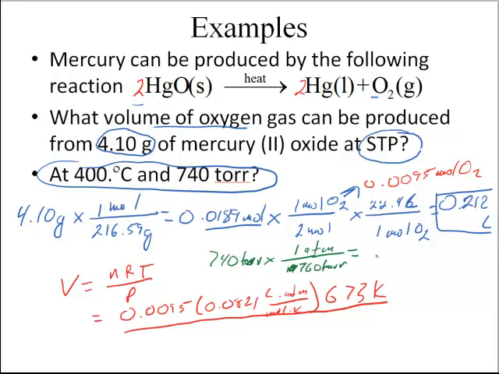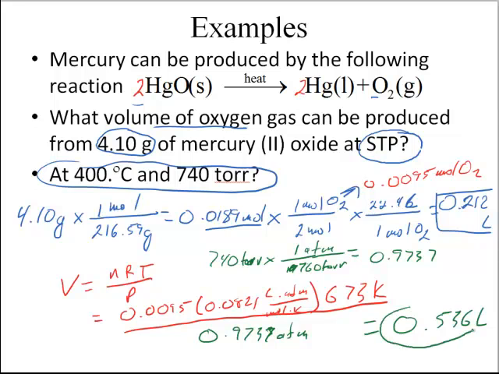And so that's going to equal 0.9737 atm. All right. And then when I work that out, I get a value of 0.536 liters. Okay, so under a little bit different conditions, you can see here that the value is a little different than it would be at STP. All right, so there's the first problem. Let's move on to another one.